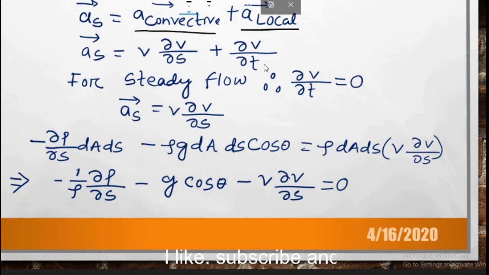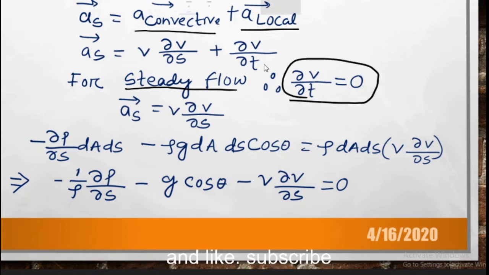In the Euler equation we have assumed the flow to be steady. So the change in velocity with respect to time will be equal to 0 as long as steady flow is considered. The net acceleration is then only the convective part.